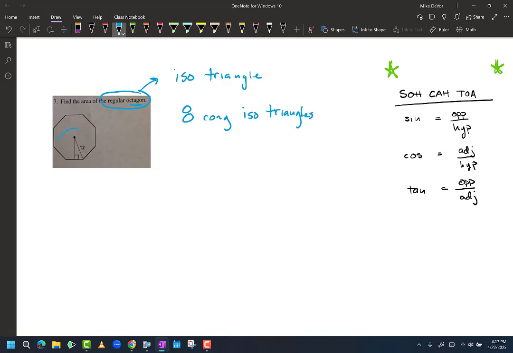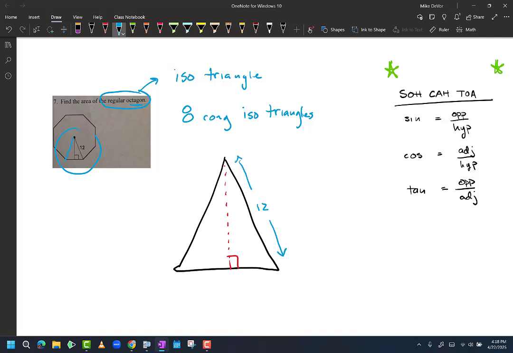So I'm going to go ahead and redraw it over here. It's doing this right here, and we're saying this length right here is 12. Now, if I want to find the area of the regular octagon, what I really need to find is the area of this isosceles triangle.